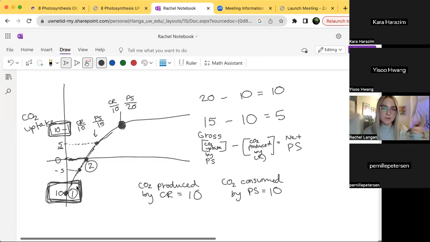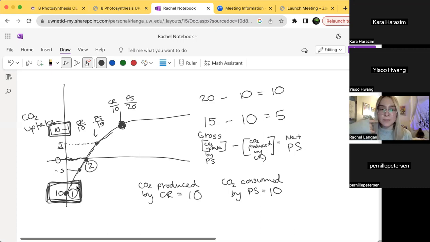CO2 uptake, or CO2 being consumed, is accomplished in photosynthesis during carbon fixation, during the Calvin cycle, when Rubisco is taking CO2 out of the atmosphere. So that's why this unit packet question is causing controversy, because the Calvin cycle is happening at every point along this graph.